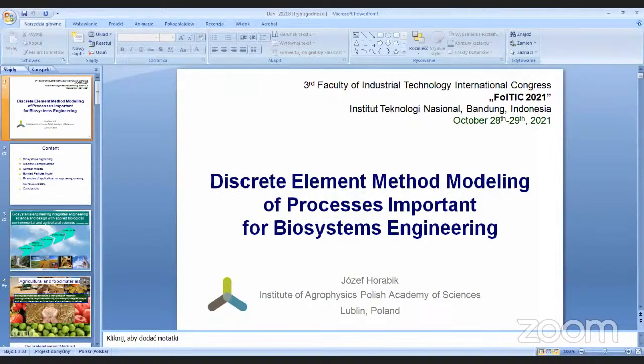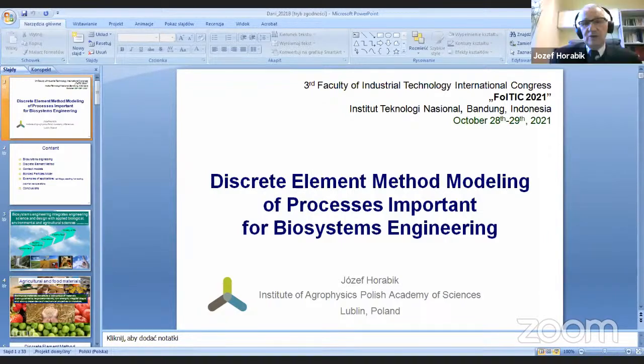Next, I will focus on the discrete element method, particularly on the contact models, with special attention paid to the bonded particles model. And next, a few examples of application to biosystems engineering, for example, soil tillage, seeding, harvesting, post-harvest operations, and I will finish with some conclusions.